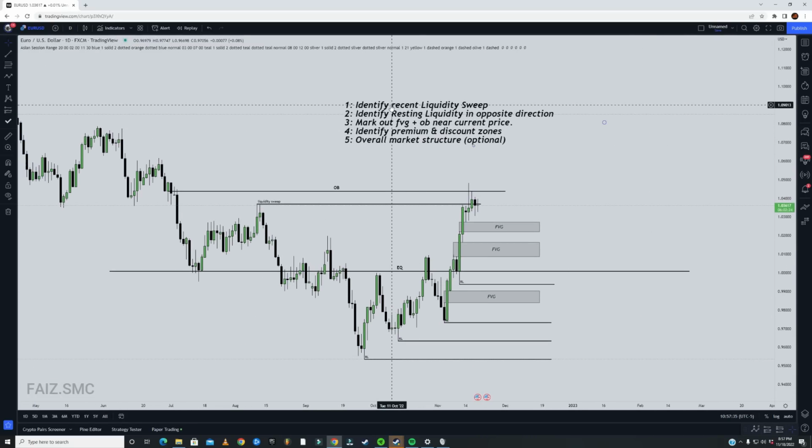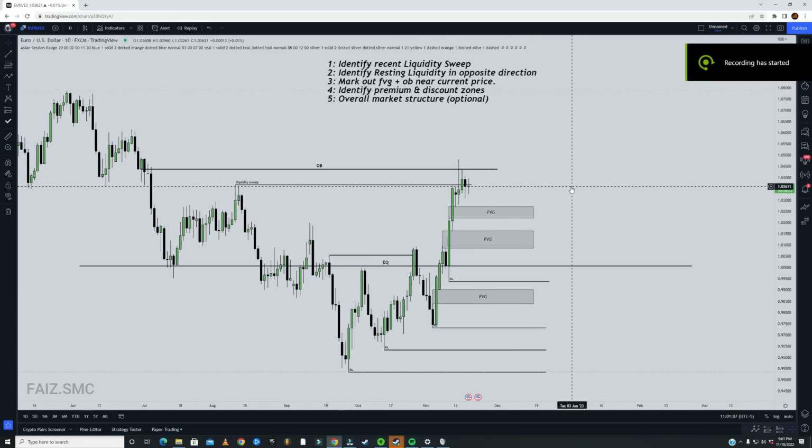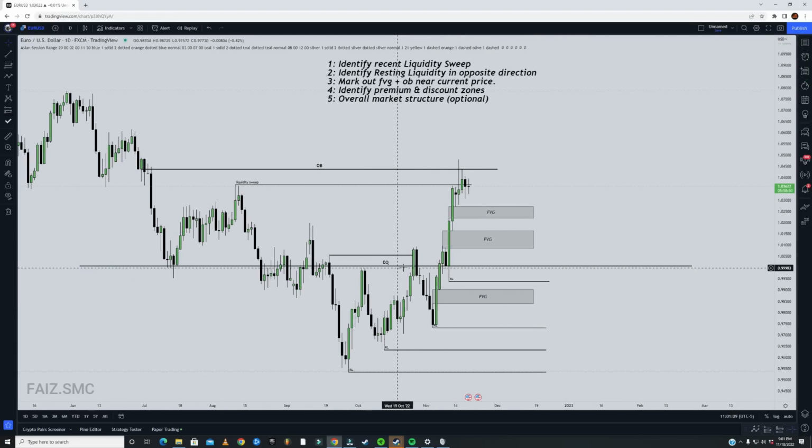All you need to look for is a recent liquidity sweep, identifying resting liquidity in the opposite direction, and you mark out fair value gaps. And then you simply look for premium and discount zones. So if price is below the equilibrium or 0.5 level, in a discounted zone, you only look for longs.